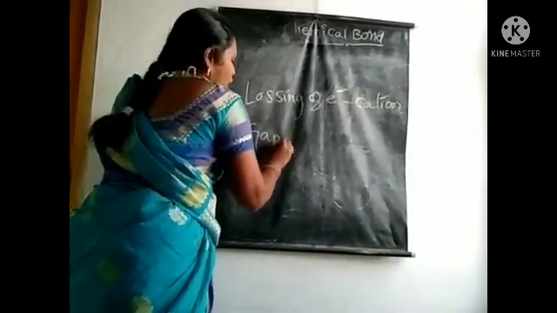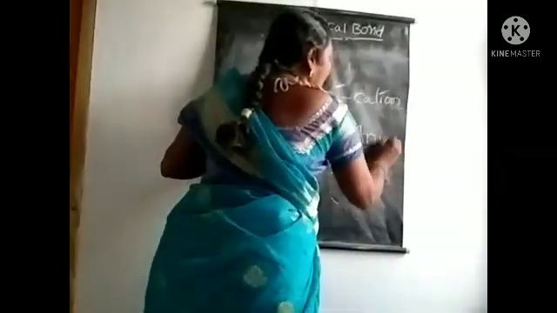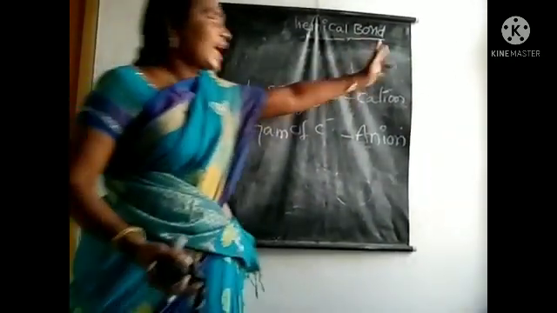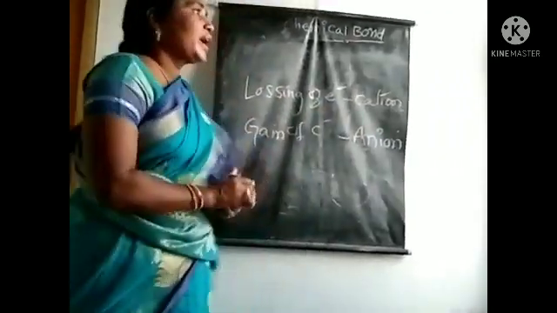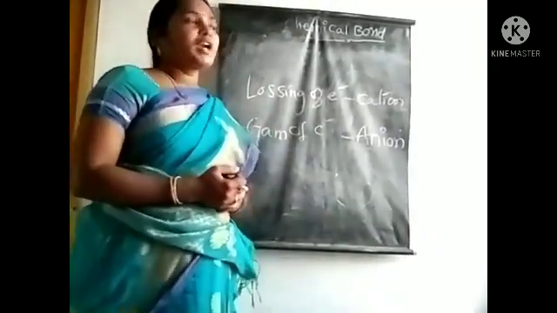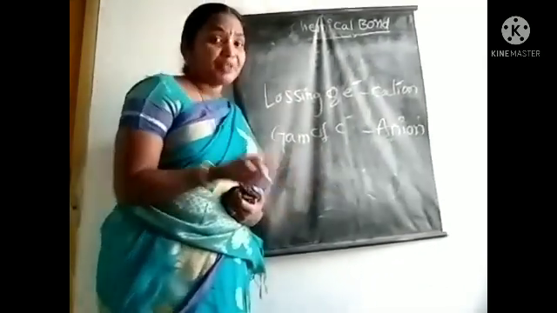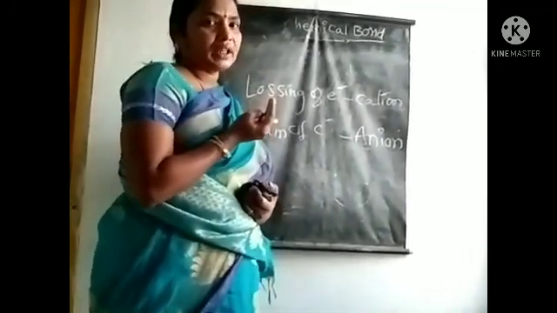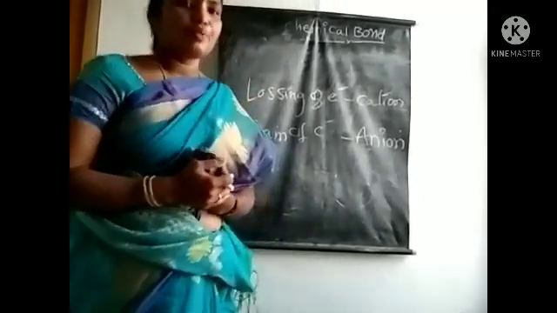Gain of electrons forms an anion. Some factors influence the formation of a chemical bond: atomic size, ionization energy, ionization potential, electronegativity and electropositivity. These are all factors that influence the formation of bond.